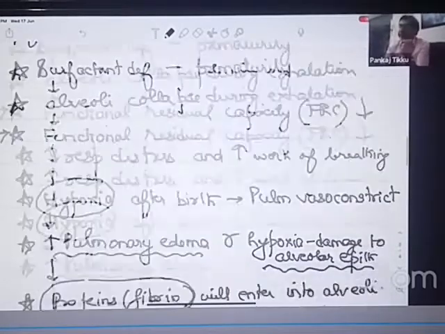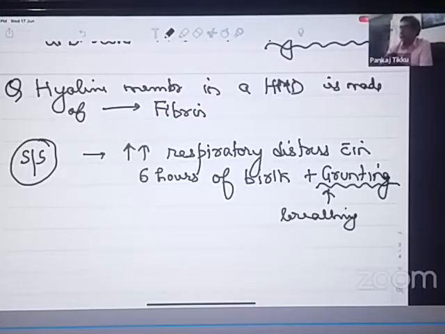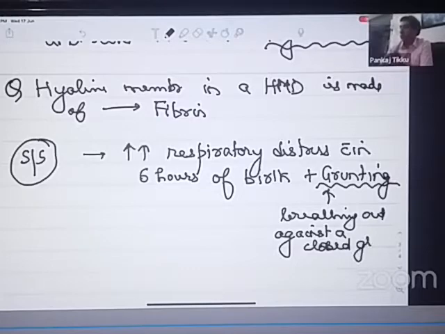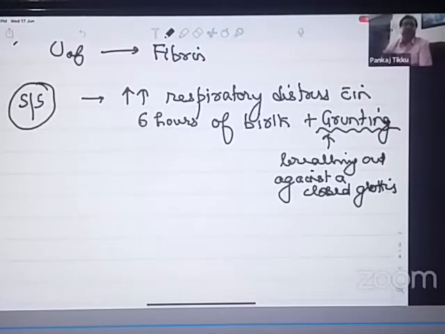That forcibly breathing out against the closed glottis will lead to what is known as grunting. So what is grunting? Grunting is actually breathing out against a closed glottis. And why has the glottis closed? To maintain the functional residual capacity.